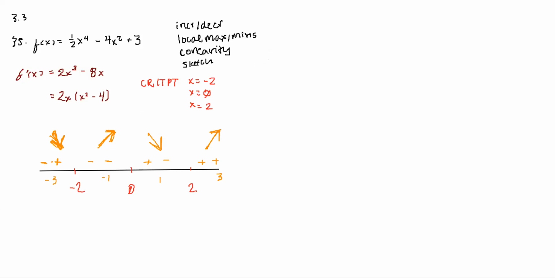Yes, we're going to have a maximum at 0, and we're going to have mins at 2 and -2. So we're going to have a max at x equal to 0, and mins at x equal to -2 and x equal to 2.